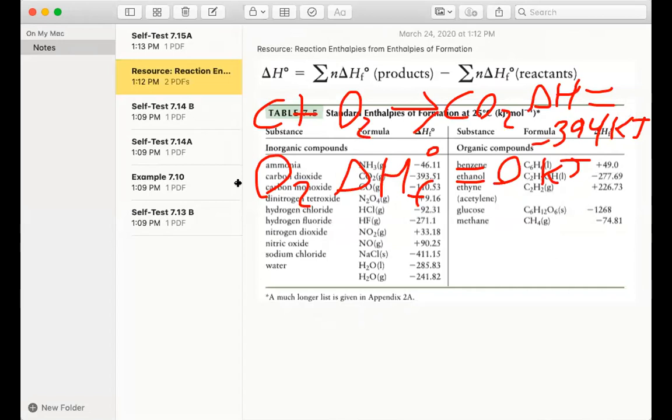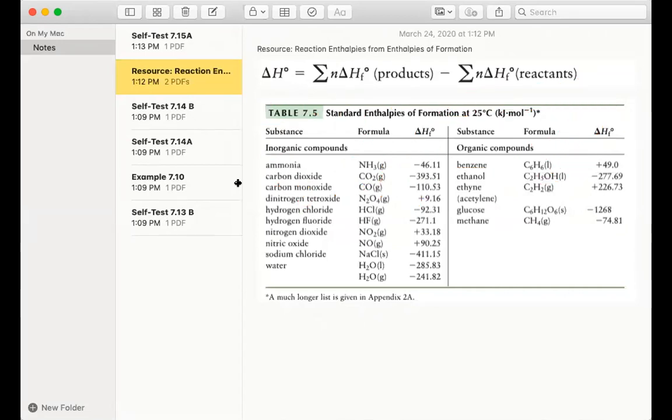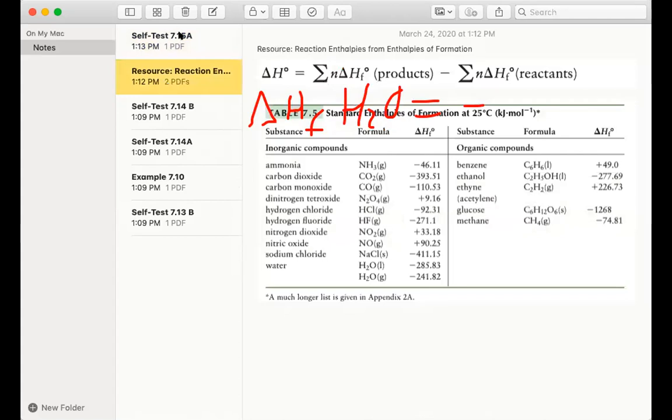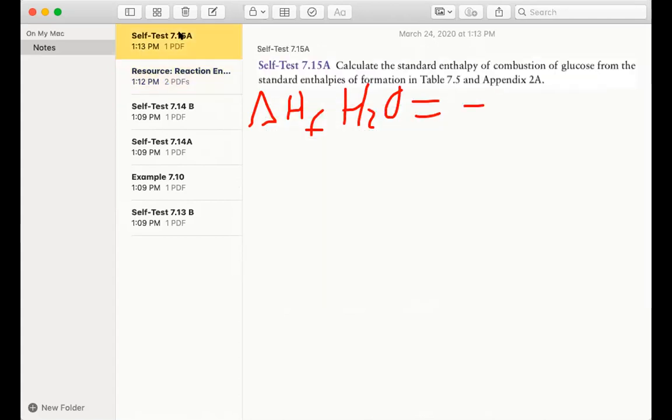That's just going to be ugly if you try to do this that way, so I'm going to erase this and do it the other way. What was carbon dioxide? That was negative 394. And water is negative 286. So delta H of formation for H2O equals negative 286 kilojoules per mole.